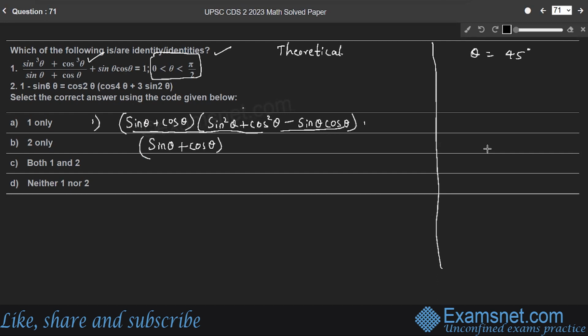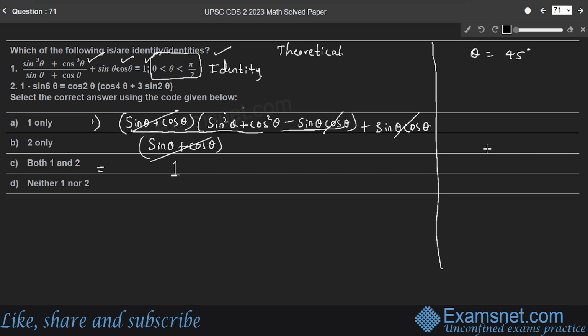Plus we have one more term here, which is sine theta into cos theta. In the first term, we can cancel sine theta plus cos theta. Therefore, we have sine square theta plus cos square theta, which is 1, minus sine theta cos theta, plus sine theta cos theta will get cancelled. Therefore, in the first statement LHS is equal to the right hand side, which is 1. Therefore, the first statement is an identity, which is true.